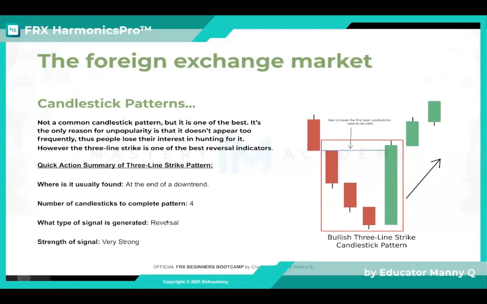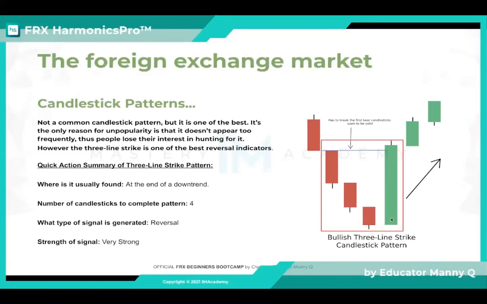Now, a 3-line strike is as simple as seeing 1, 2, 3 consecutive bearish candles. And now, remember when we talked about that bullish engulfing candle? The bullish engulfing candle doesn't just completely engulf the first candle.